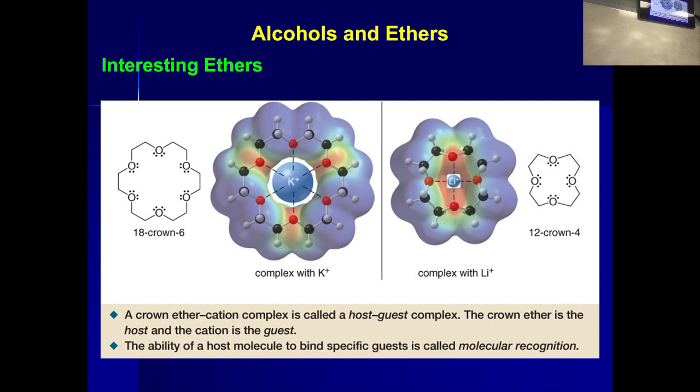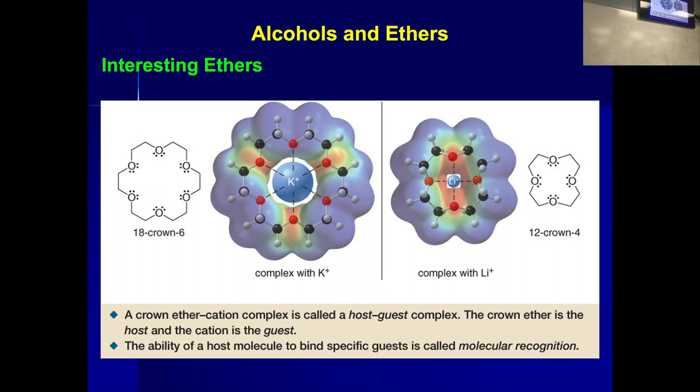In fact, if you were to build a model of a crown ether, it would look like a crown. The little oxygens would be on one side, and you would have this crown. These are actually interesting molecules because they have a cavity on the inside. If you built a model of it, you'd see a cavity, and things can fit in that cavity, things like a potassium ion or a lithium ion.